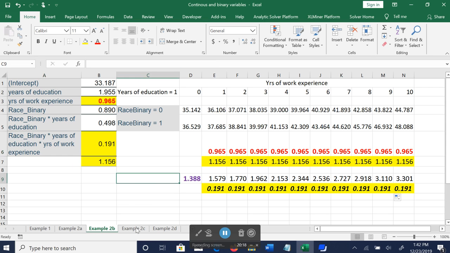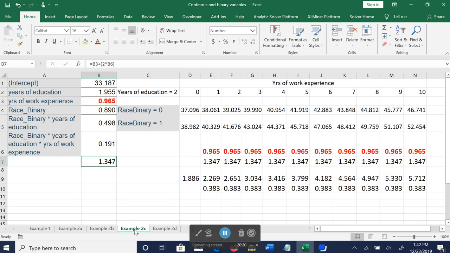Okay, let's go to another scenario. In here, we filter out those from this racial group and this racial group with 2 years of schooling. We want to see how their estimated income changes with additional years of work experience acquired.